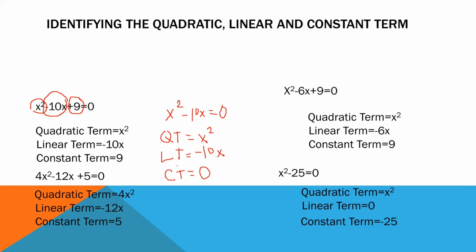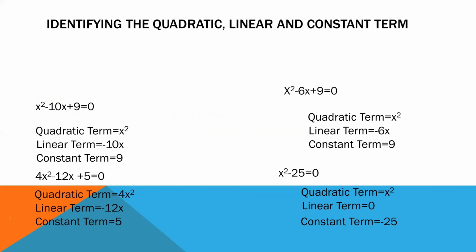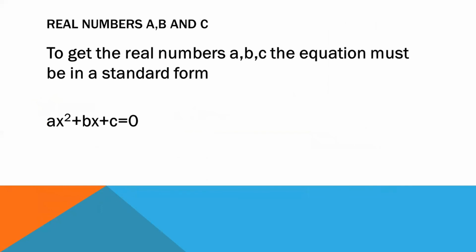So now, we know how to identify the quadratic, linear, and constant terms. Since we know how to identify them, we will proceed to identifying the real numbers A, B, and C. Identifying the real numbers A, B, and C is just like identifying the quadratic, linear, and constant terms.